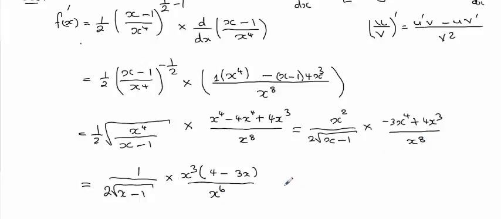Then simplifying again, we've got this simplifying to 4 minus 3x all over, simplifying, you're going to be left with x cubed here, all over 2x cubed by the square root of (x minus 1).